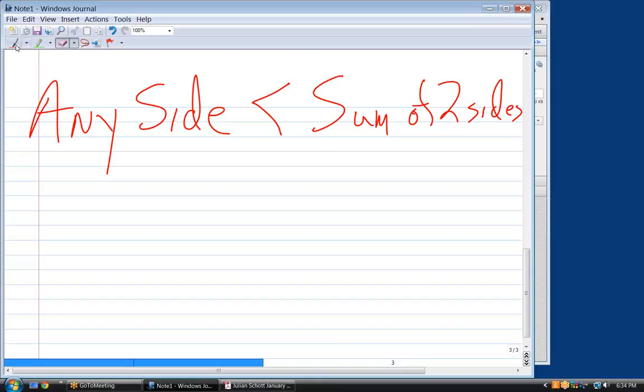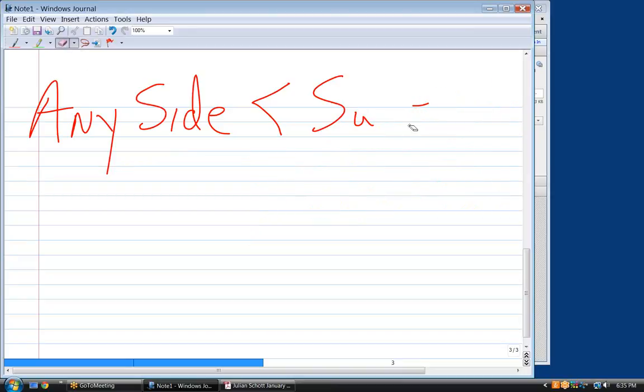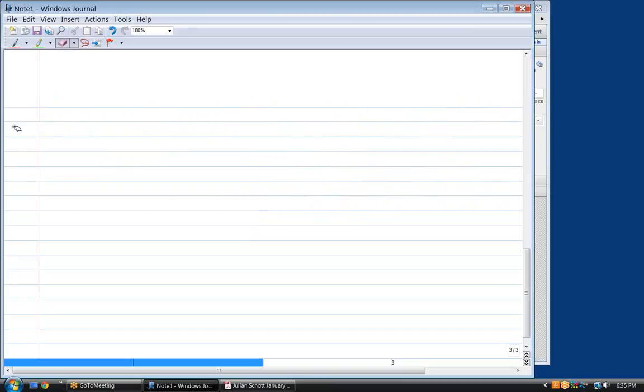When I memorize this rule, I know the other half is the opposite sign, greater than. It's the opposite of sum, which is difference of the same two sides. So it's not hard to memorize. You only have to memorize half of it.